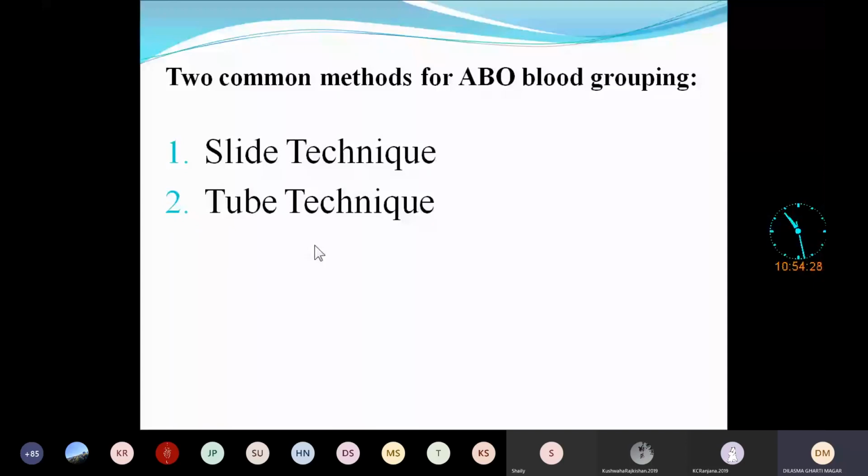In the tube technique, we make the 2% saline suspension of blood, put the anti-sera, and see whether agglutination is there or not. If the agglutination is strong, we can see it with the naked eye, but while doing cross matching, we look under the microscope.